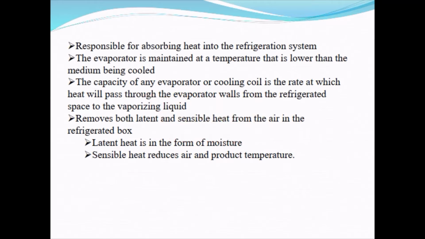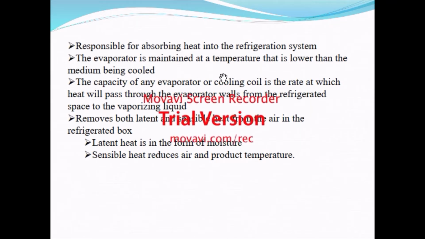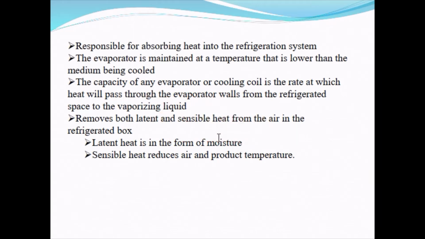So after that, the evaporator is maintained at a temperature that is lower than the medium being cooled. And then the capacity of any evaporator or cooling coil is the rate at which heat will pass through the evaporator walls from the refrigerated space to the vaporizing liquid.